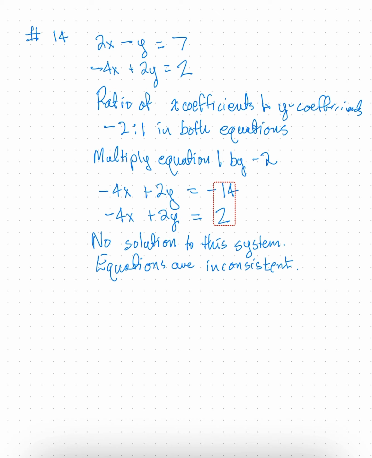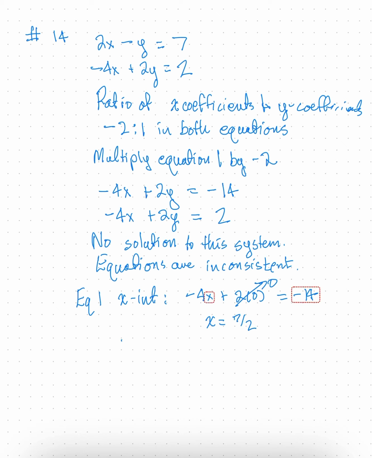So let's think about equation 1, and let's get the x-intercept. That would be negative 4x plus 2 times 0, because we're going to plug in 0 for y, which is just 0, is equal to negative 14. Well, this would give me x equals 7 halves.